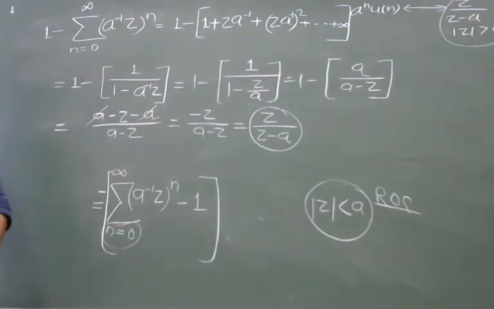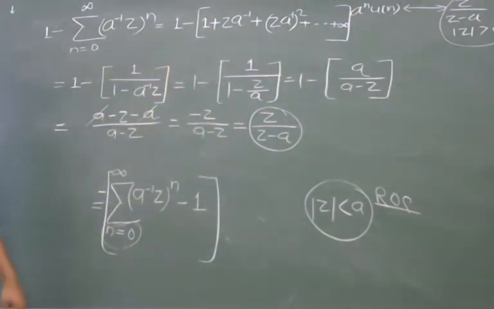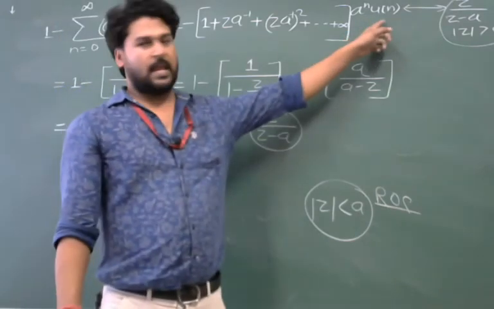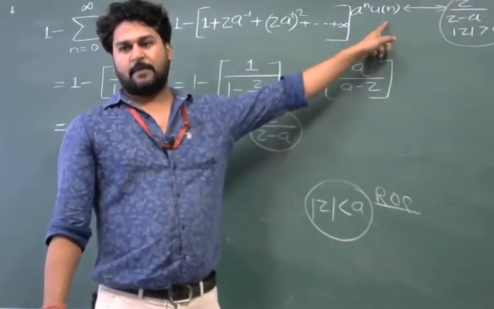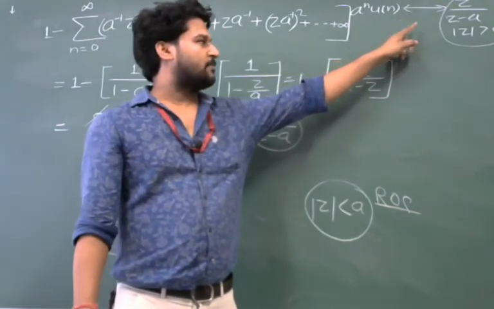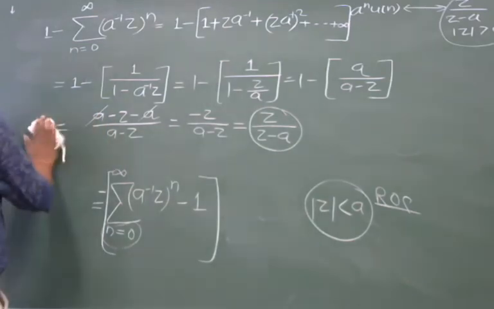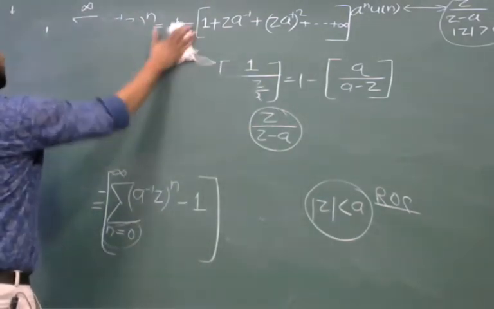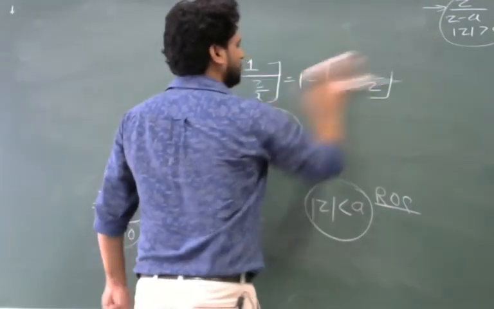Again, the Z transform of the given sequence minus a power n u of minus n minus 1 is the same as the Z transform of a power n u of n.